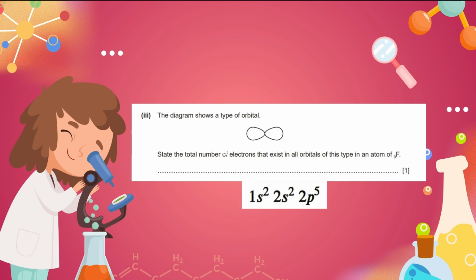Since we know this drawing is p and there is only one p in the configuration, which is 2p5, making the electrons only 5, sadly. So two boxes have 2 and one box has 1, making the electrons only 5. So just check this number to put there.